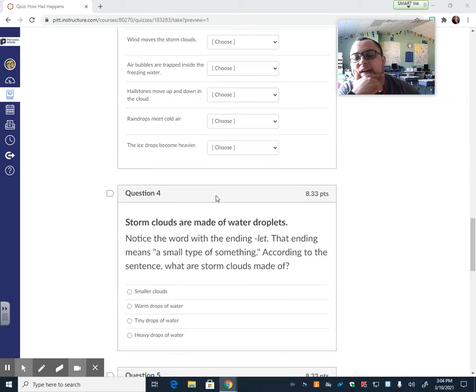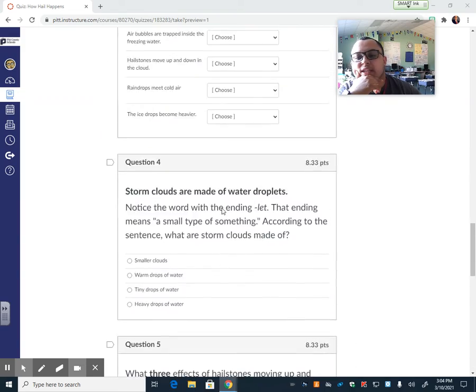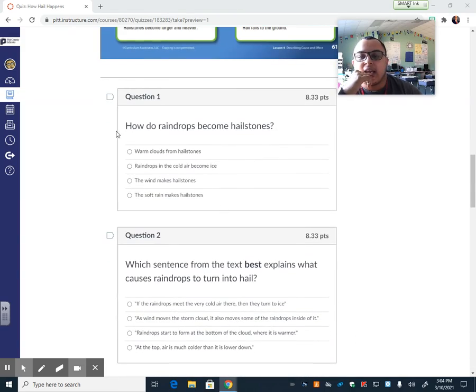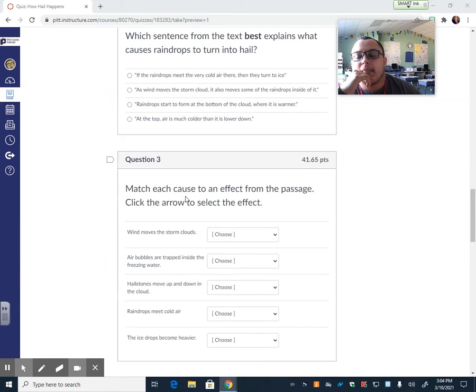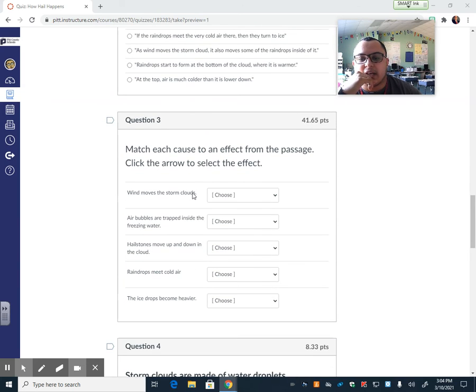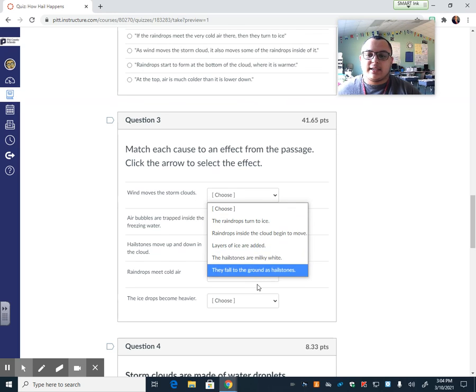So you have 8 questions to answer. 7 of the questions are from the text. Let's pay attention to this question, for example. This question is worth a lot of points because each of these is a part of a question. So you're going to read the cause and you're going to select the effect.